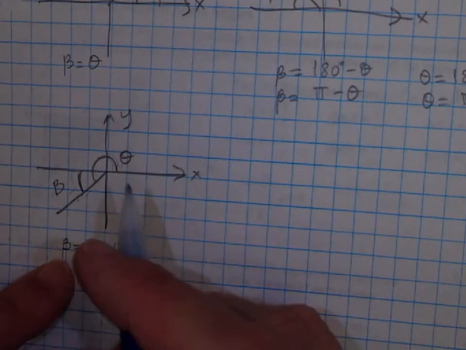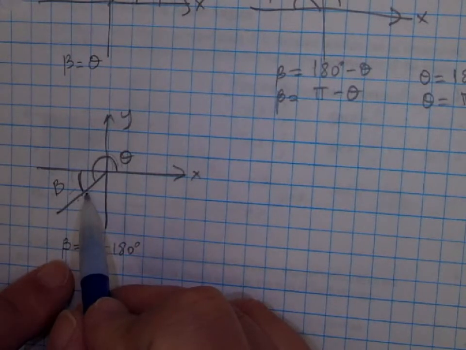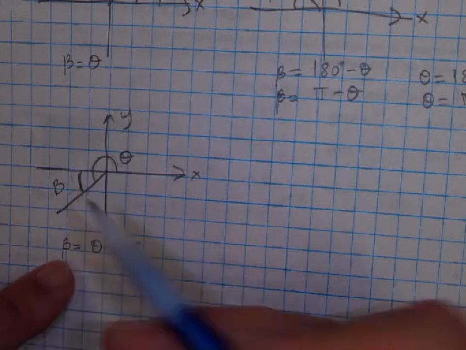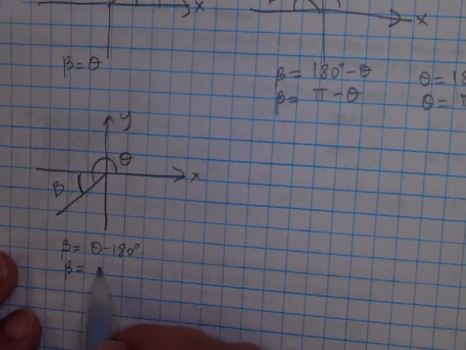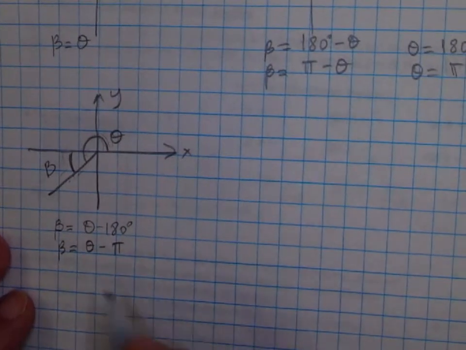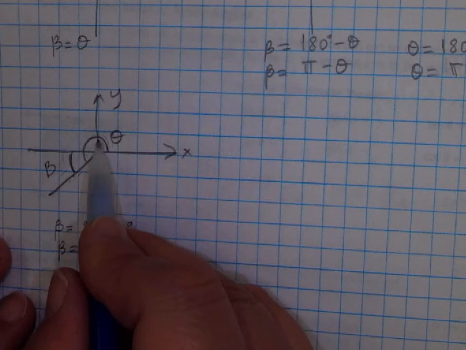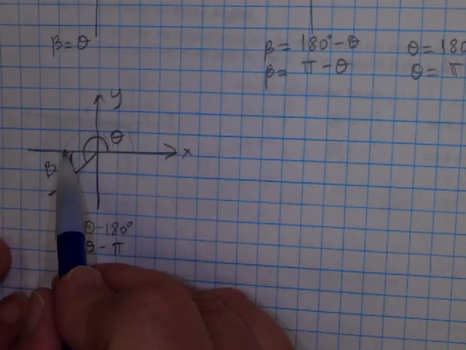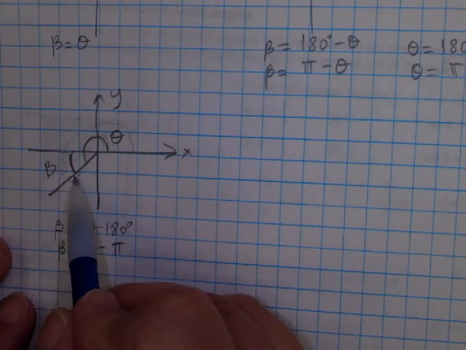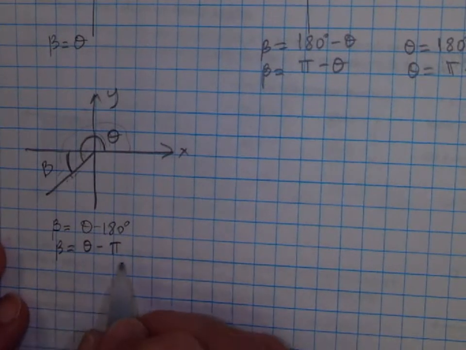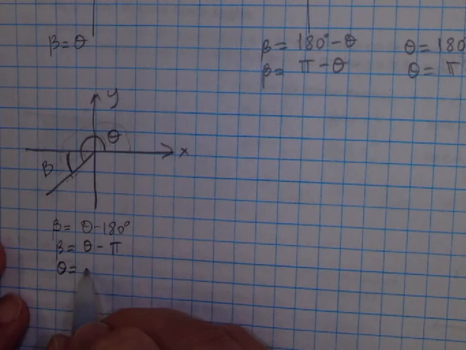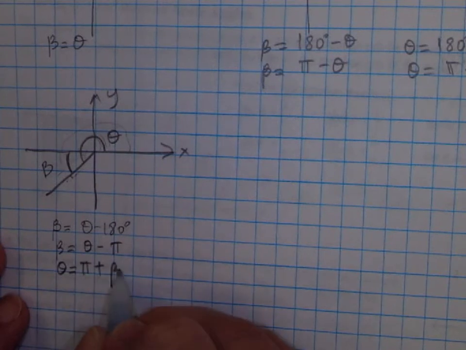Let's say theta is 200 degrees, then I subtract 180 from it to get beta. Since we are working with radians, we say theta minus pi. Similarly, to get theta you need the half circle, 180 degrees, plus beta. With radians, theta equals pi plus beta.